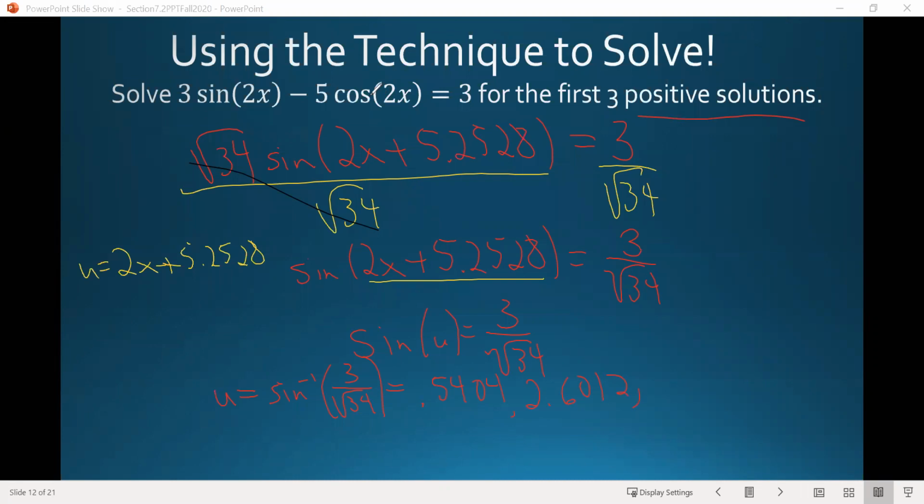So I'll do 2 pi plus that first answer I got, which is 6.8236. And then, for reasons that'll become clear here in a few minutes, I'm actually going to find 2 more answers.